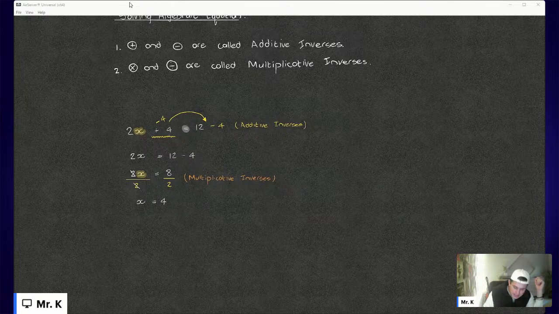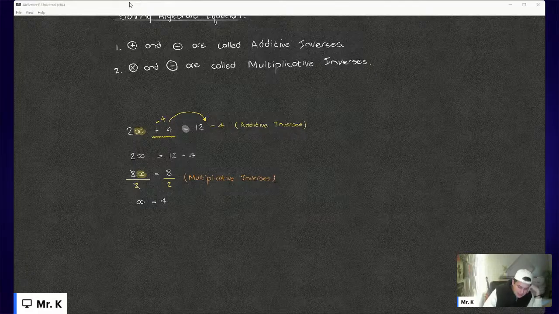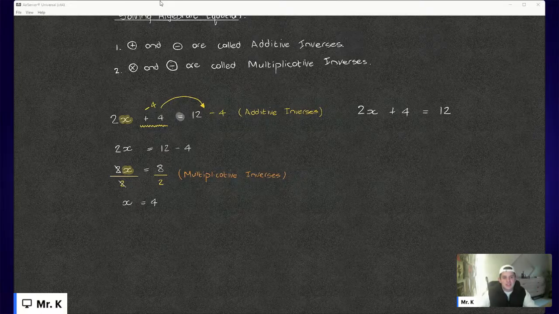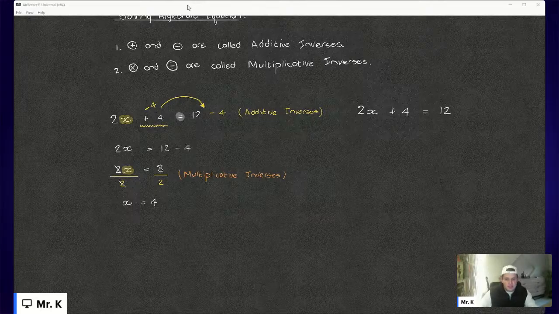But we can take exactly the same equation, and I'm going to write it down on the right-hand side of the screen. If we have 2x plus 4 is equal to 12, there's a slightly faster way to think about what we're doing so that we can try and save time.